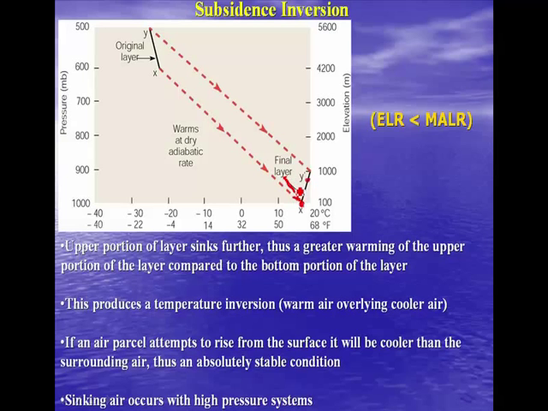So this is considered a very stable situation when the environmental lapse rate, the change in temperature of the surrounding atmosphere, is less than the change in temperature of either the dry adiabatic lapse rate or in this case the moist adiabatic lapse rate. This is what we would term a subsidence inversion, and it typically occurs when you have high pressure moving over your area.